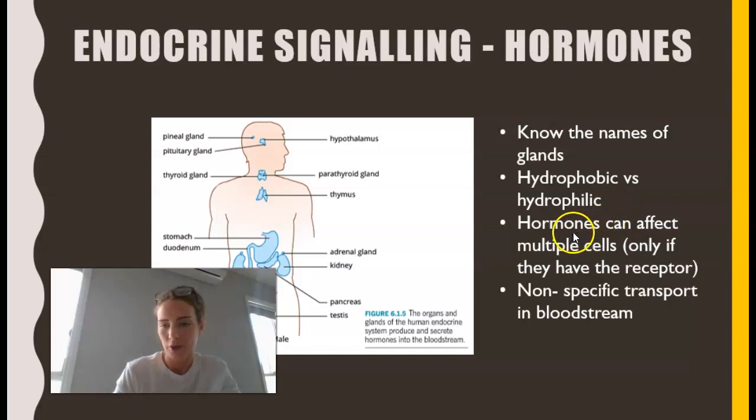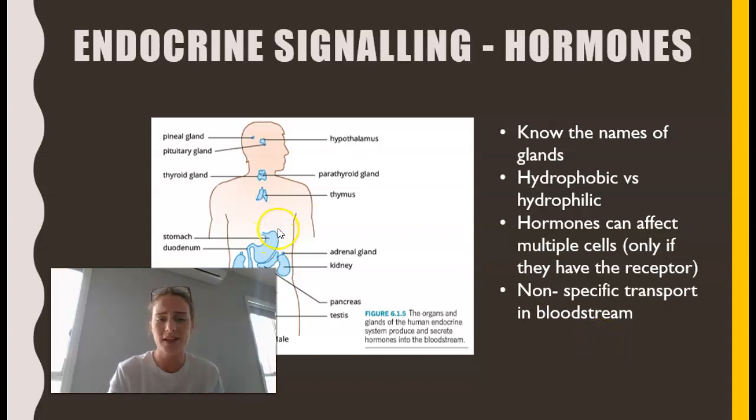Okay, so hormones can affect multiple cells only if they have the receptor. Their transport is non-specific, but you can't say that a hormone itself is non-specific. When a hormone is released, it's released into the bloodstream and it will travel throughout the body.